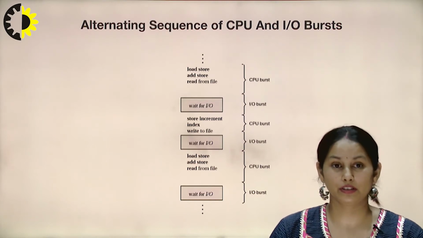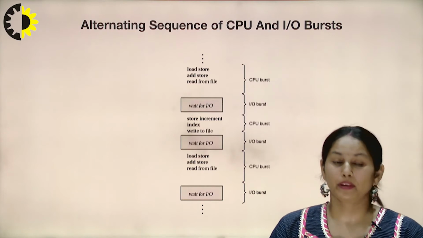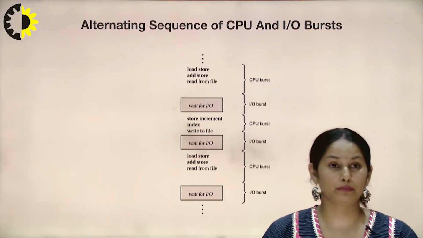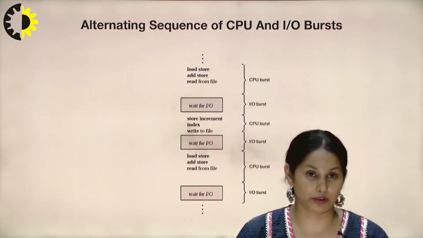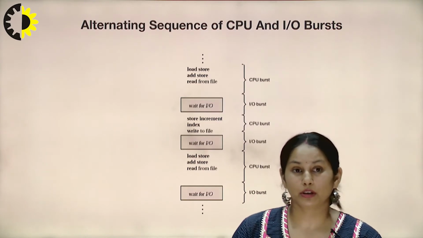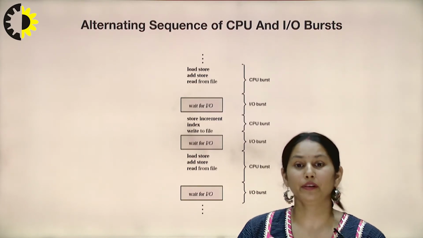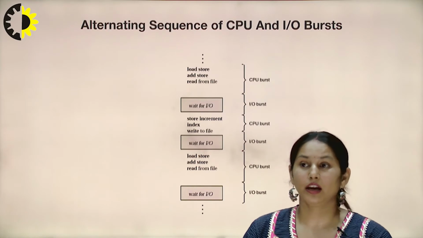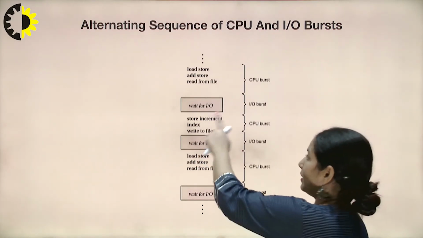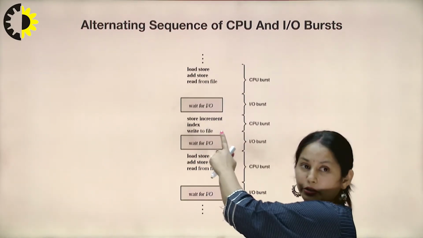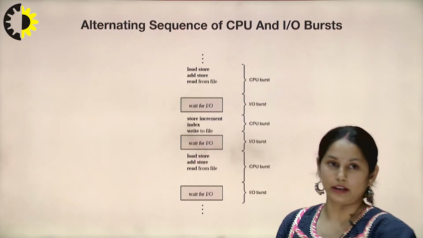The process is having the CPU with it, and whenever your CPU is waiting for the process, that means that particular process is executing an input output resource. So that is input output burst time. Here this is waiting for the input output, that is input output burst time.